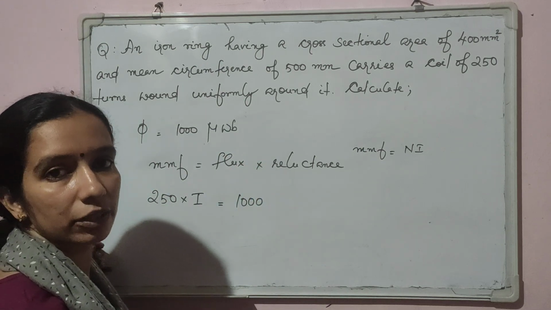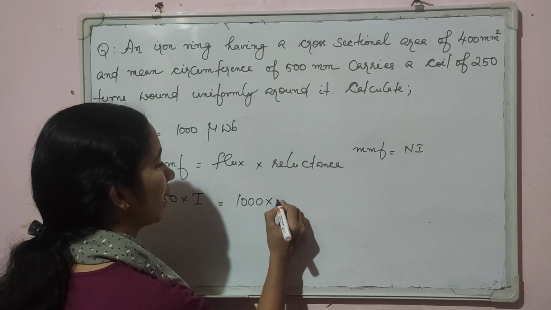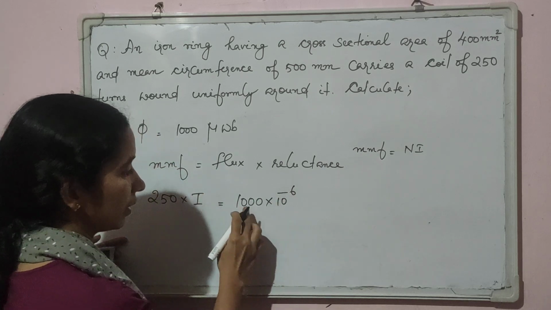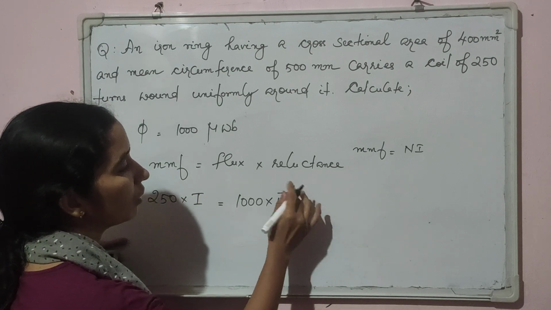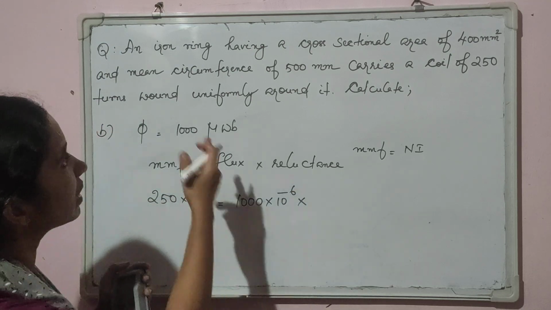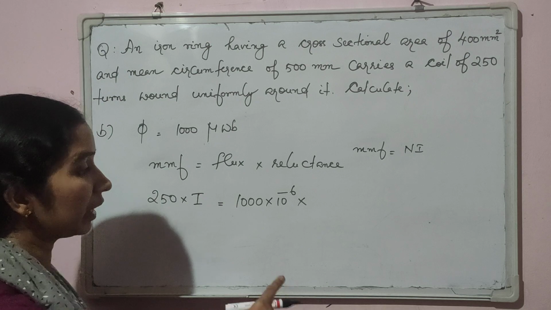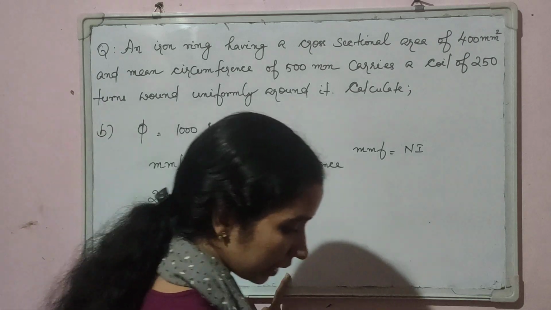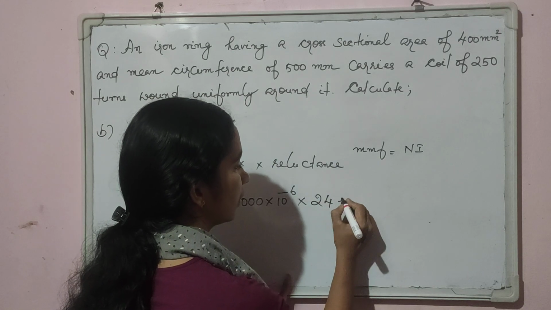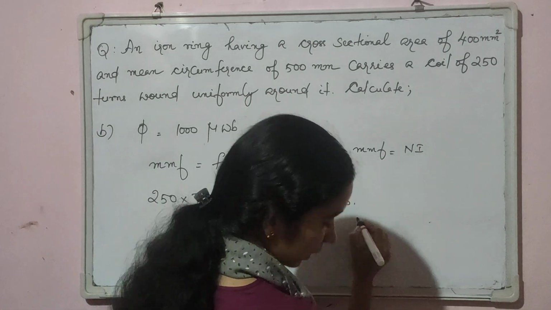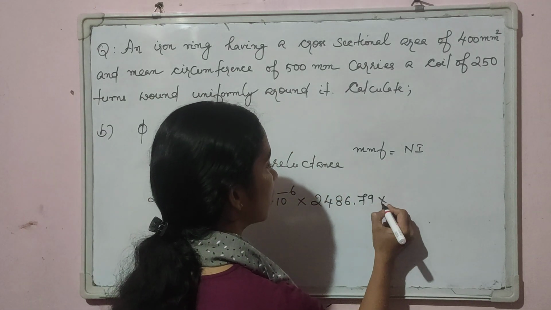Microwebers should be converted to Webers, so multiply this by 10 raised to minus 6. 1000 into 10 raised to minus 6 Webers into reluctance of this iron ring. In the previous part we have calculated the reluctance and it was 2486.79 into 10 raised to 3.